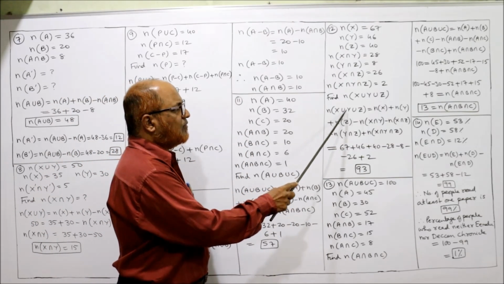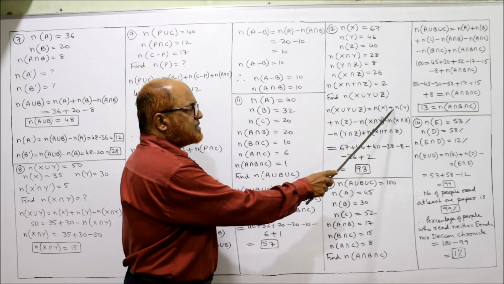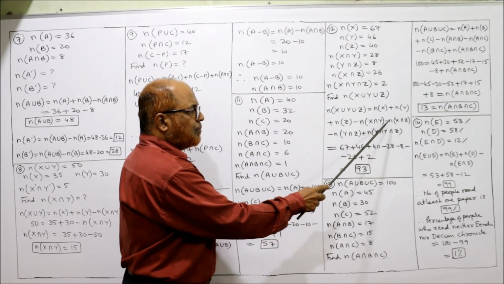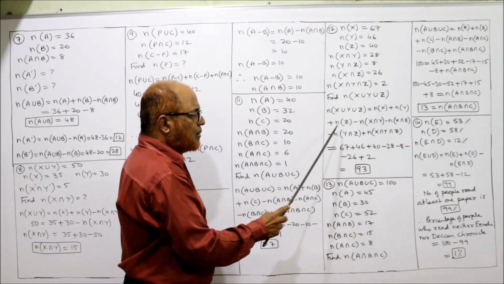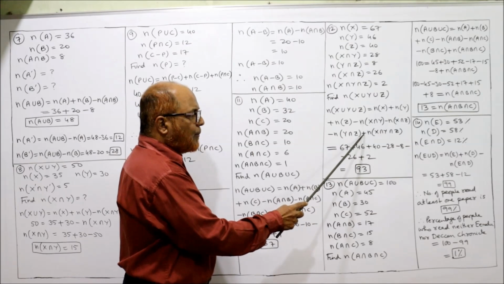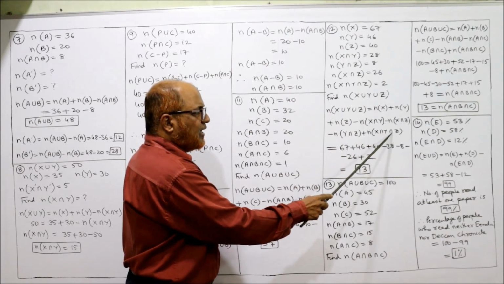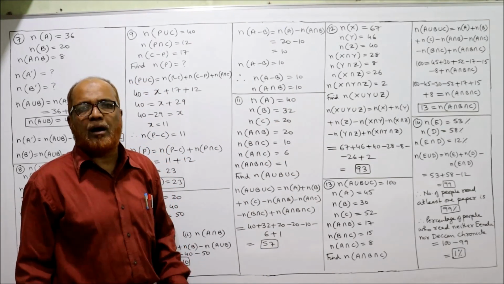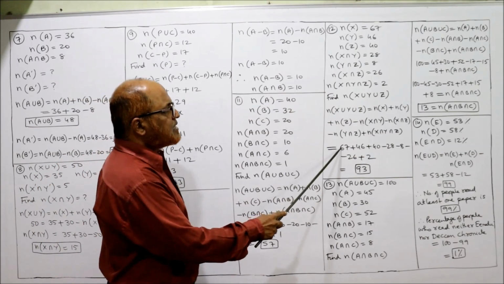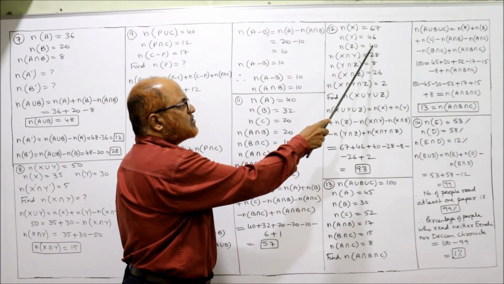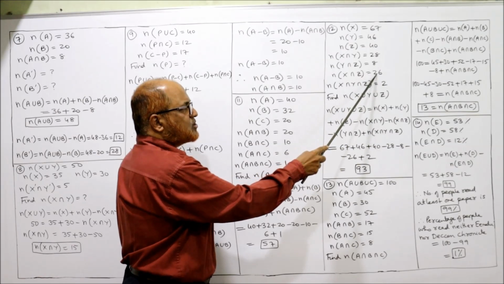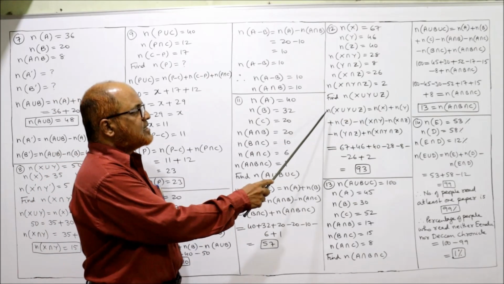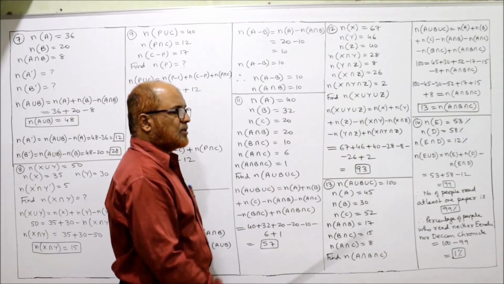N of x union y union z is equal to N of x plus N of y plus N of z minus N of x intersection y minus N of x intersection z minus N of y intersection z plus N of x intersection y intersection z. All the values we have, you simply have to remember the formula. Now we'll substitute: 67 plus 46 plus 40 minus 28 minus 8 minus 26 plus 2. You'll get 93. So 93 is N of x union y union z.